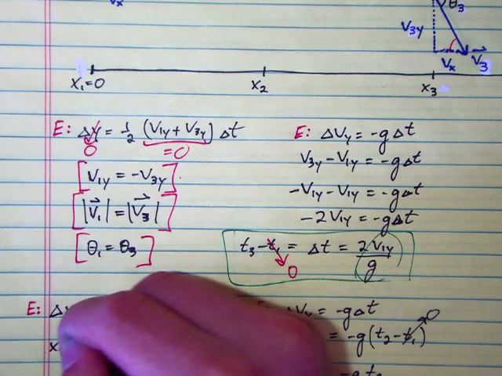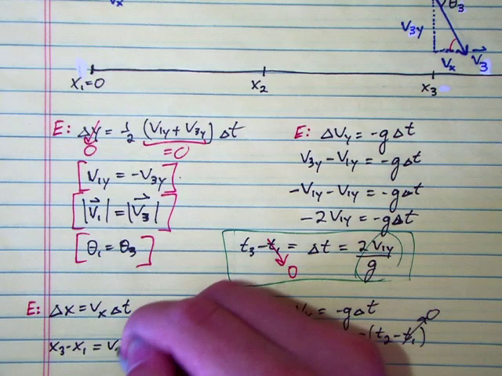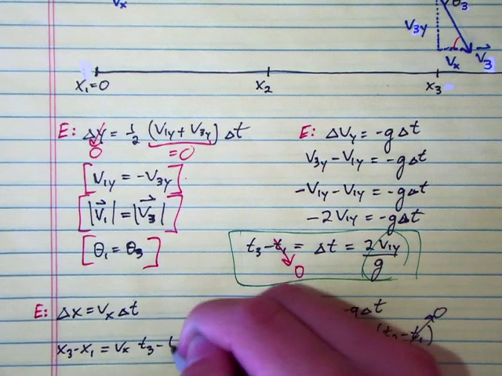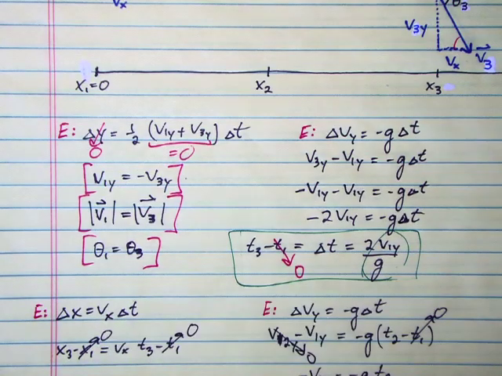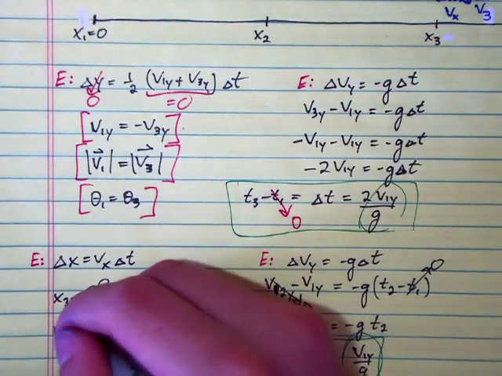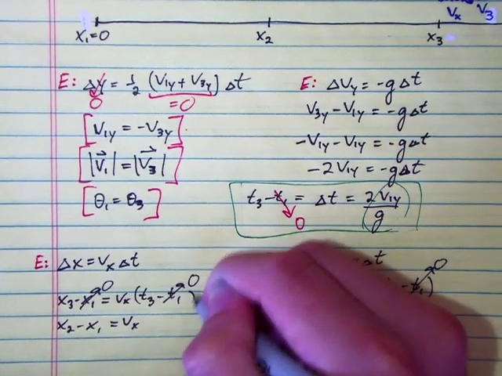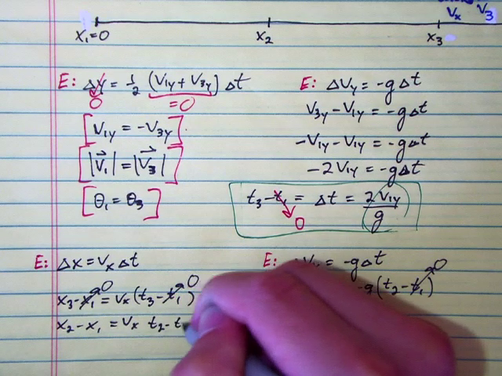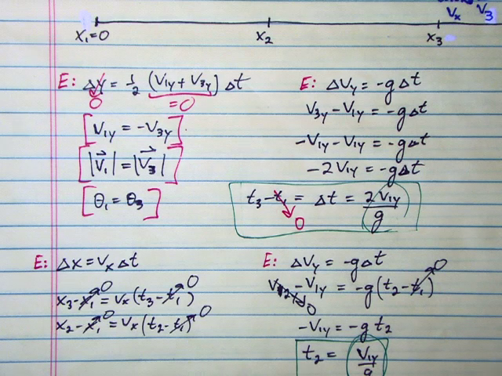So x3 minus x1, so this is events 1 to 3, equals Vx times t3 minus t1. Well, x1 is 0, t1 is 0. And then comparing events 1 to 2, we could say x2 minus x1 equals Vx times t2 minus t1. Again, x1 is 0, t1 is 0.